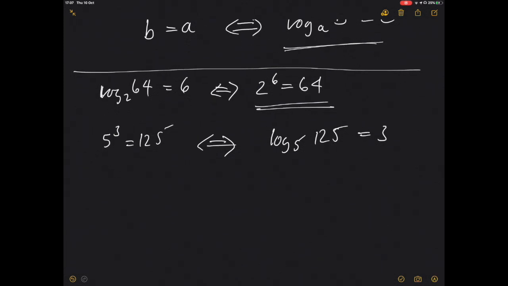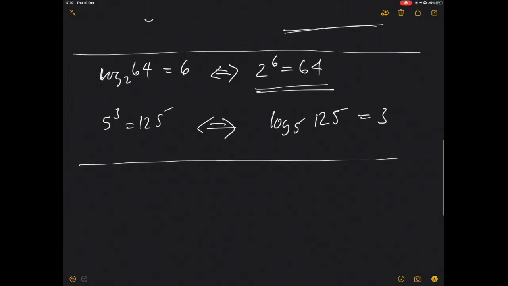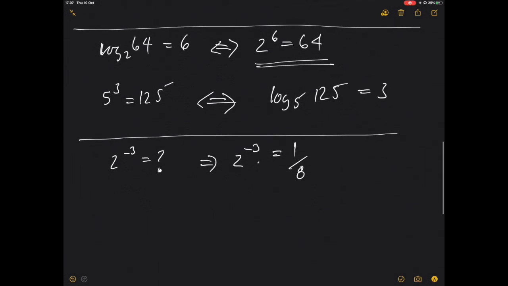So perhaps we might get a little bit more complicated and say, complete the statement that 2 to the power of minus 3 equals question mark, and then write this in logarithmic form. 2 to the negative 3 equals 1 divided by 8. So we know the base of the power has got to be 2, and the log has to be negative 3.